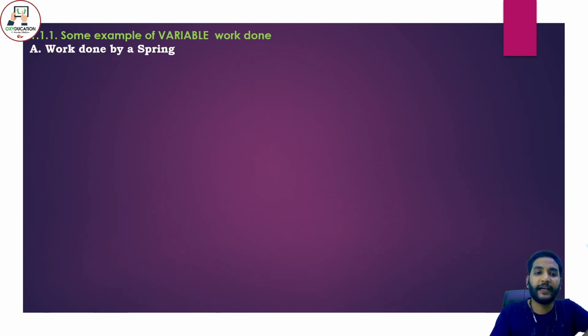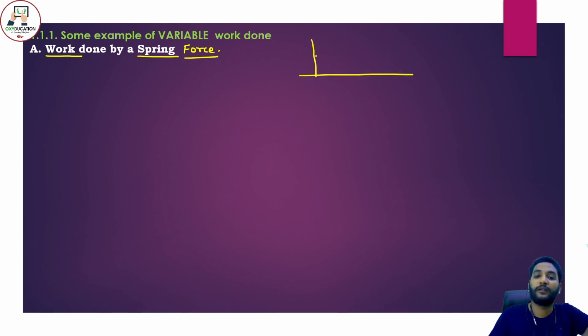Okay, let's take another example. That is the live example, work done by the spring force. Because of what? Because of the spring force. How? Let's suppose we have a spring. This is called a spring. And this spring is in its natural length. What does that mean?